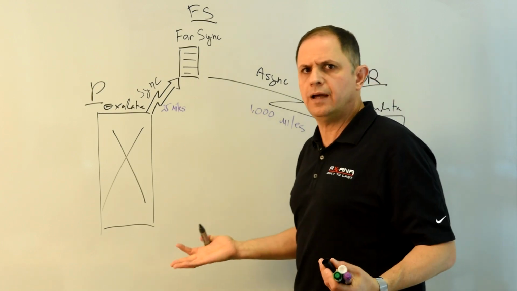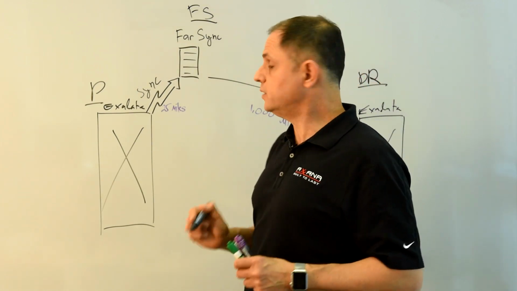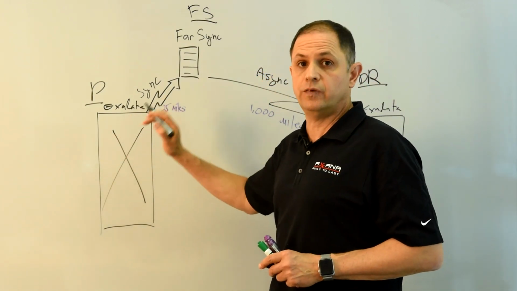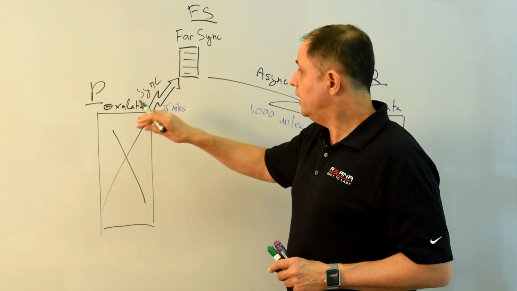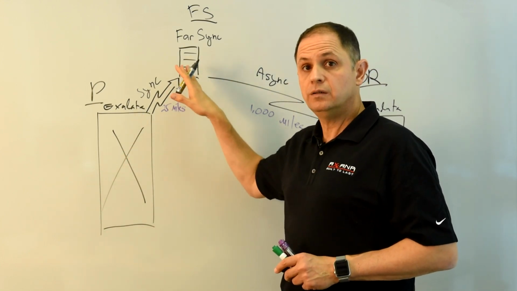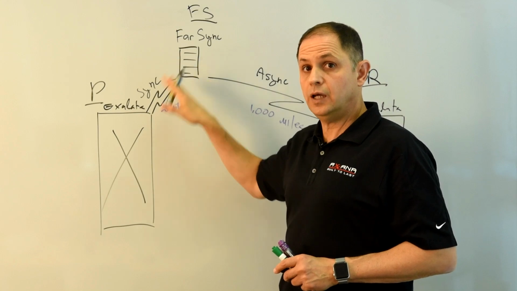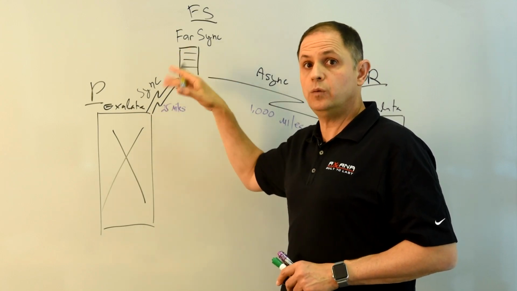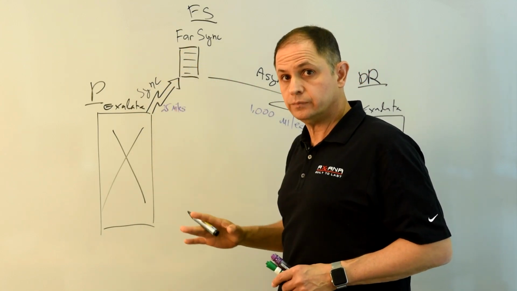So why is that zero data loss at any distance? Because if the primary data center had a failure, and the FarSync is indeed synchronous, it will be current. It will be without any data loss.